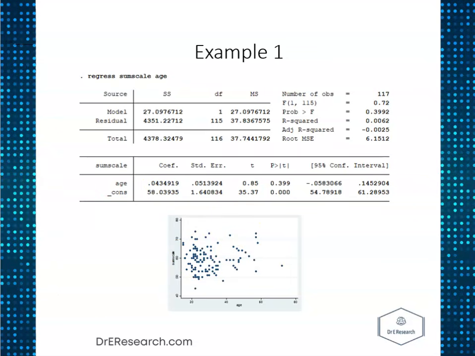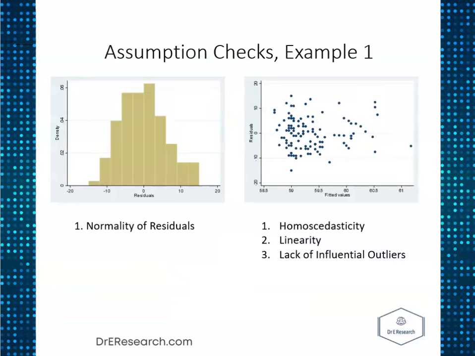But we do want to check our statistical assumptions. For simple linear regression, these are the things that you need to check. And there are a variety of ways to check these assumptions, okay? I like doing it in a graphical way, and so that's what I'm going to show you. There are some ways using numbers, but I don't particularly like those. However, your instructor may have you use numbers.